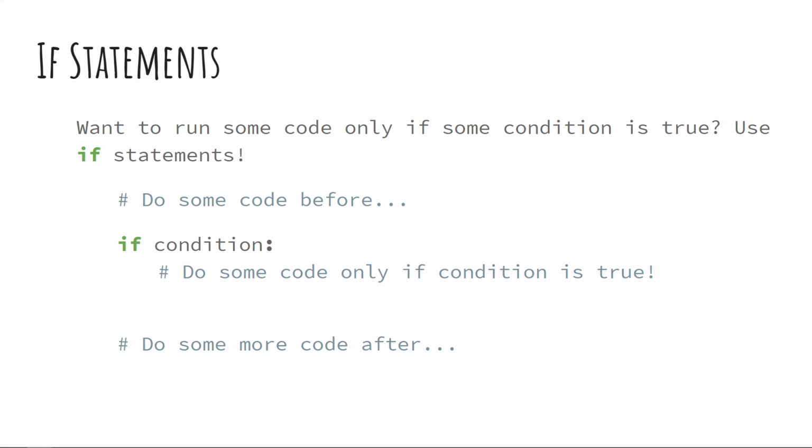Underneath that and indented, you'll have some code that you'll only want to run if that condition is true, and then after the if statement, you'll have some more code, and that will run regardless. The condition, all it really needs is to somehow become a Boolean. So you could do if true, if false, or you could set variables to true or false, or you could use our relational operators, all of which return true and false.